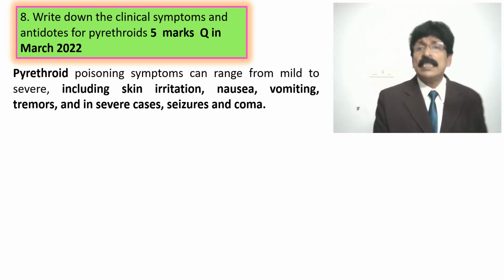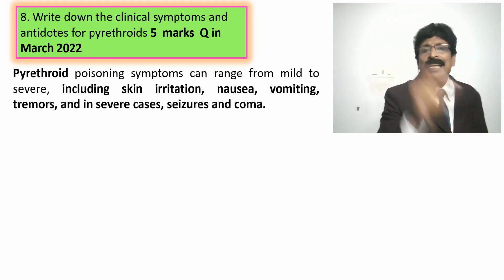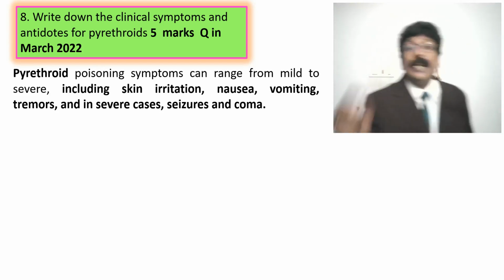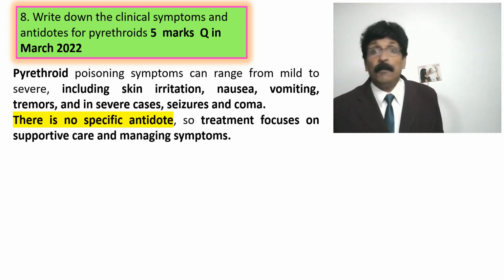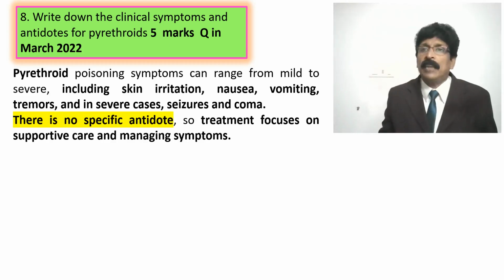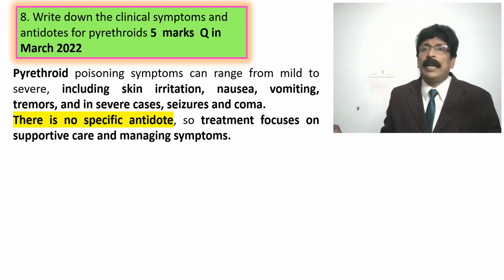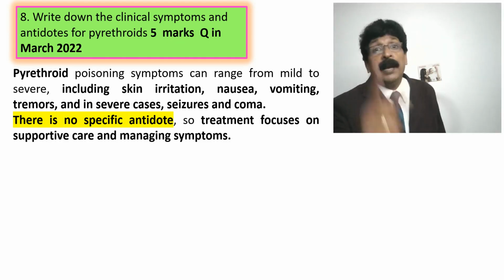Pyrethroid poisoning symptoms can range from mild to severe, including skin irritation, nausea, vomiting, tremors, and in severe cases seizures and coma may occur. But there is no antidote as per the question which is asked. There is no direct antidote, but treatment focuses on supportive care and managing the symptoms.